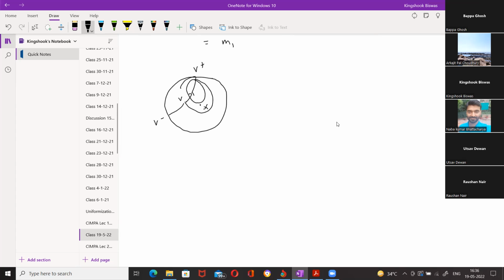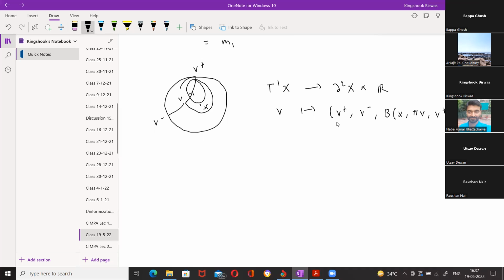I have a map from T1x, the unit tangent bundle, to del 2x cross R. V goes to V plus, V minus, B of x, pi V, V plus.